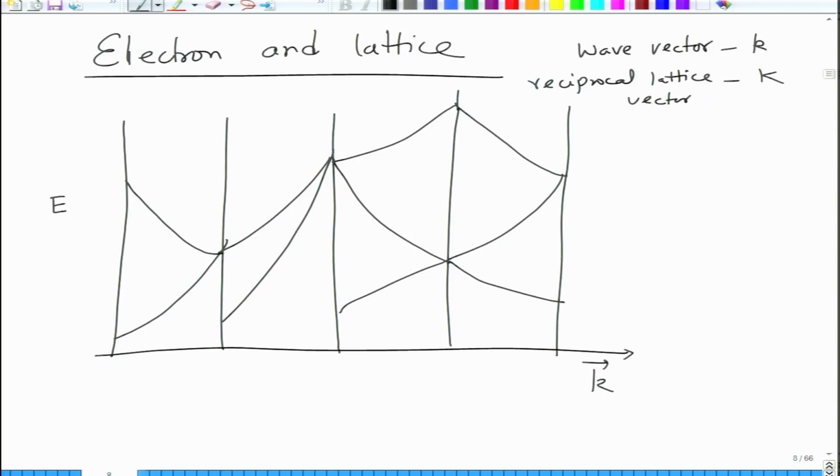There is no discontinuity in the energy space. So you can see that although there is a discontinuity here, the electron finds a continuity here. Similarly, if it travels from this energy space, it always finds a continuity here. So as long as the electron is able to find a continuity in the energy space, it will always find an energy state into which it can move.